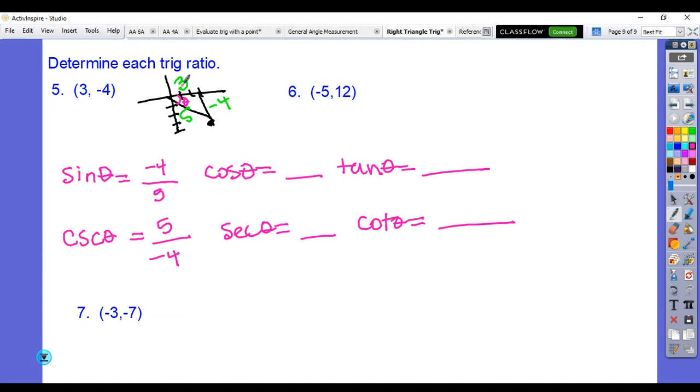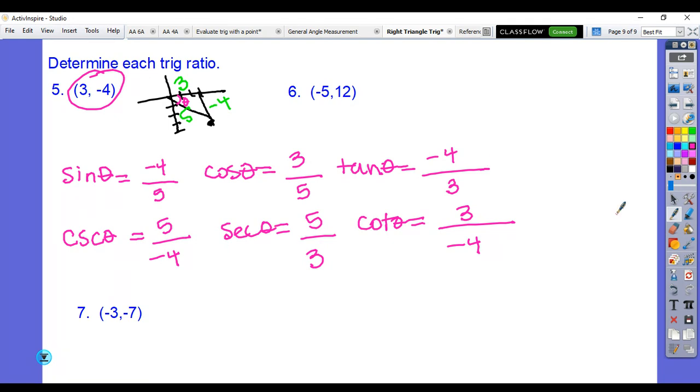Cosine is the adjacent 3, or x, over the hypotenuse. Flip it. Tangent is opposite over adjacent. Flip it for cotangent. And that's it. Okay. Graph your point. Label all your sides. Find the hypotenuse. Once you write out your 6 trig functions, it's just a matter of fill in the blank.